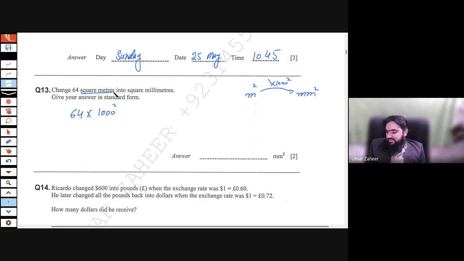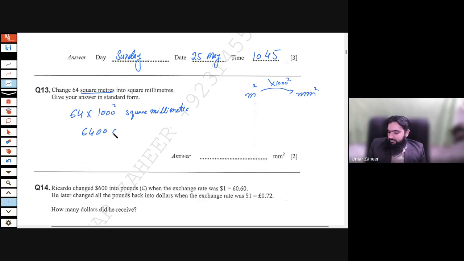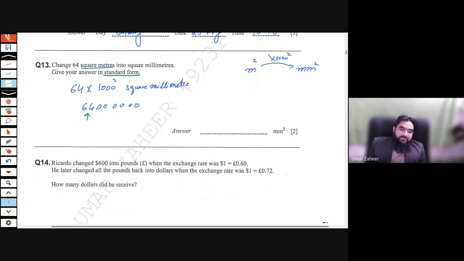So square meters will become square millimeters, and that will be 64 million: 1, 2, 3, 4, 5, 6. Oh, he says that you have to rewrite the answer in standard form. So we need a decimal point after the first non-zero digit.